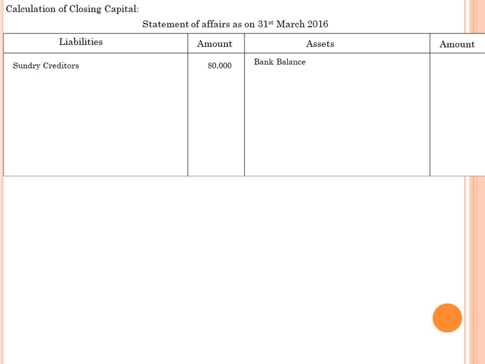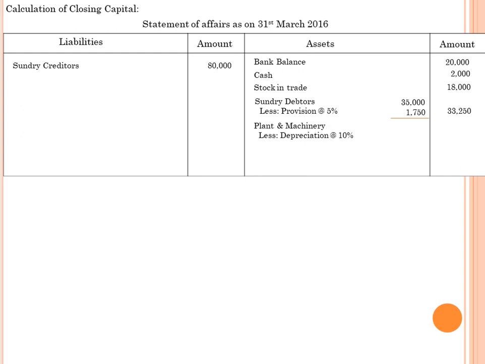Now we move on to the asset side. Bank balance 20,000, cash 2,000, stock in trade 18,000. Sundry debtors 35,000, less provision at 5%. You find the 5% value out of 35,000, that is 1,750. So balance 33,250. Next, plant and machinery, less depreciation at 10%. 1 lakh rupees is given for plant and machinery. What about 10%? 10,000.